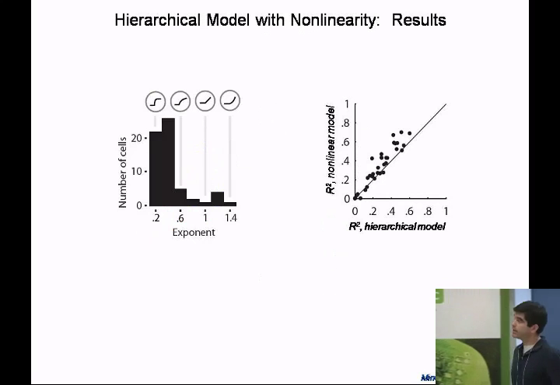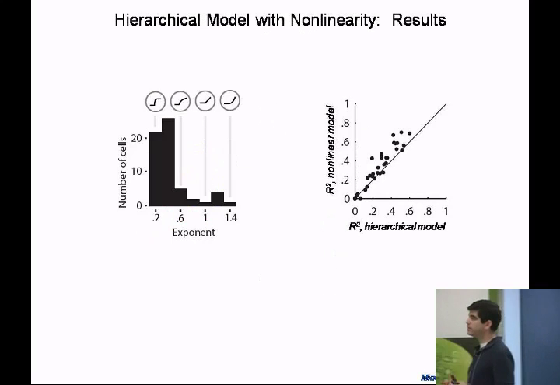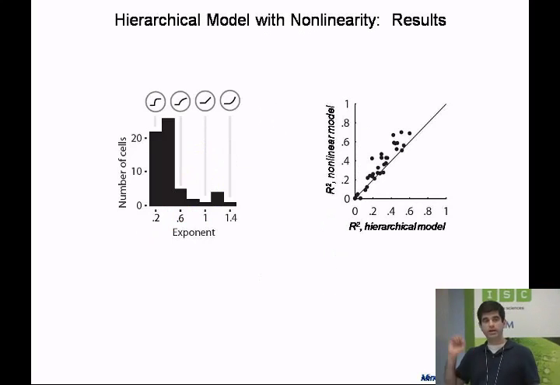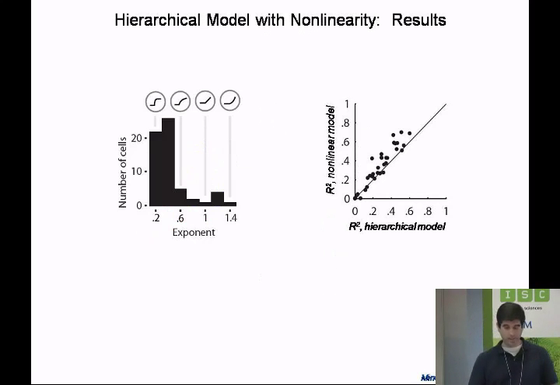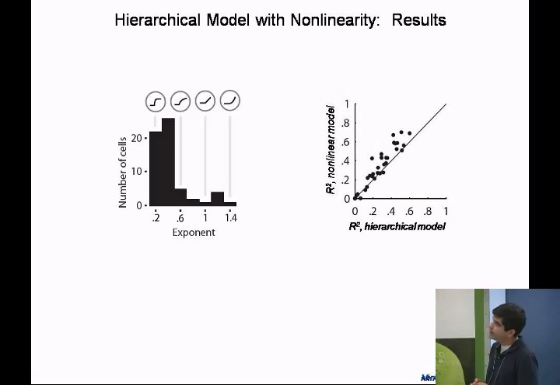And the answer, I guess not entirely surprising based on the previous results, is that essentially all the time, the best fitting model had a very compressive nonlinearity. So a saturating nonlinearity for every cell. And the upshot is that when you add this in, your ability to account for the data jumps up quite significantly in almost every cell.